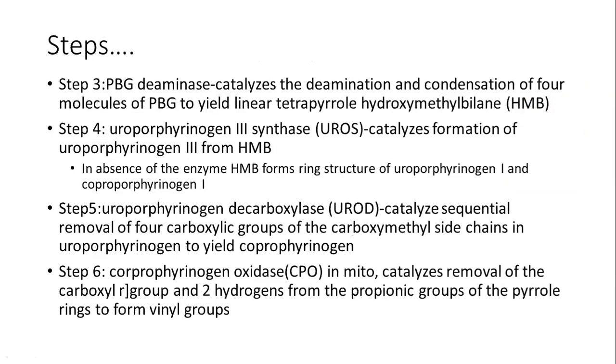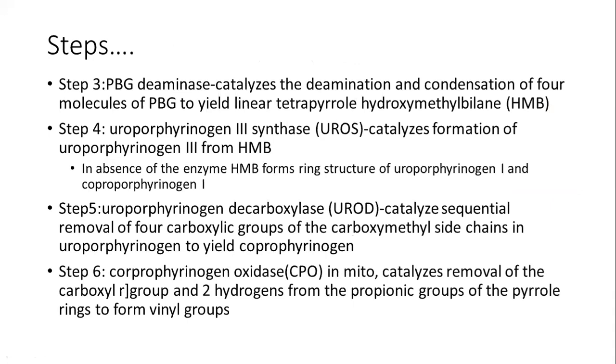So the next step is where you have porphobilinogen deaminase catalyzing the deamination and condensation of 4 molecules. When you take 4 molecules of PBG, it yields a linear tetrapyrrole, hydroxymethylbilane, okay, HMB.